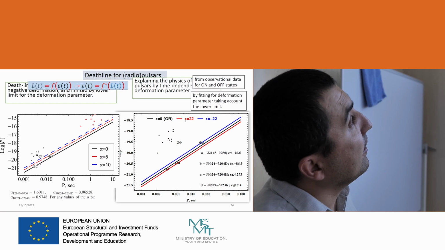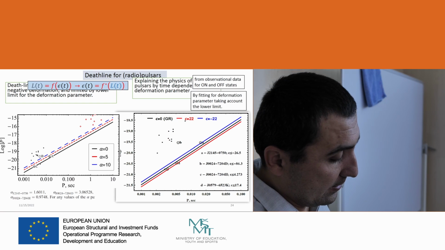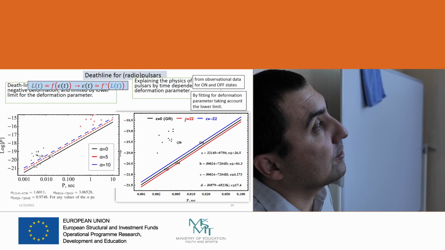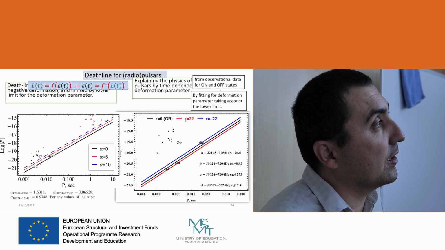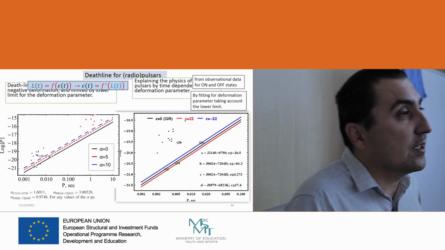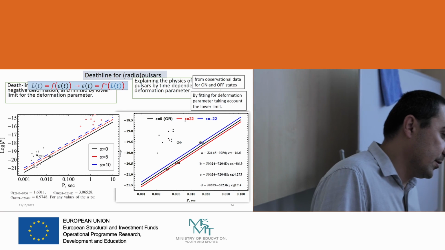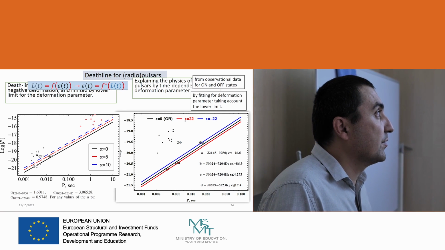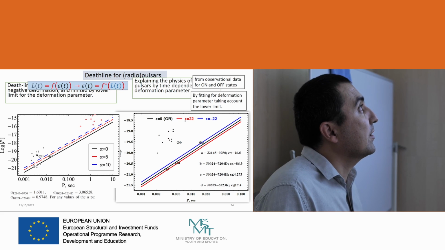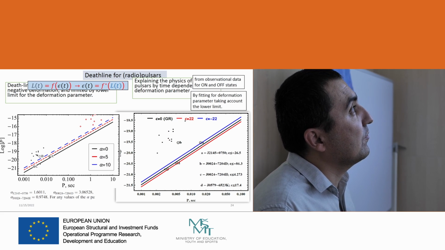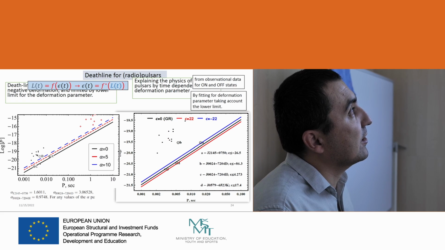If we assume this epsilon parameter is time dependent, we can construct from here the luminosity of the star as time dependent.